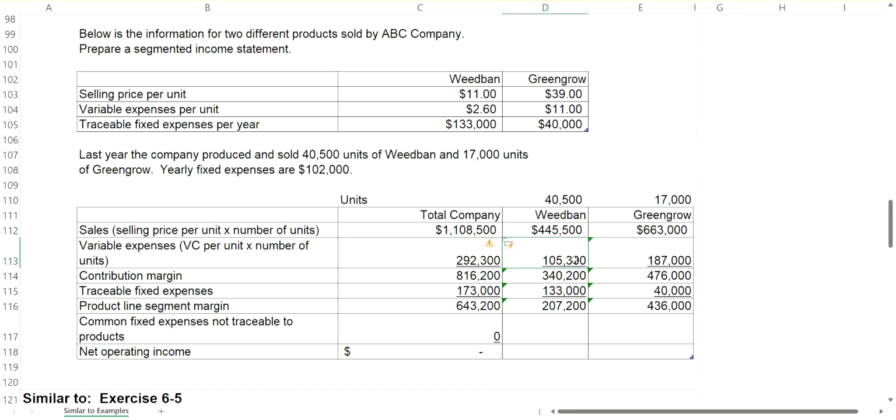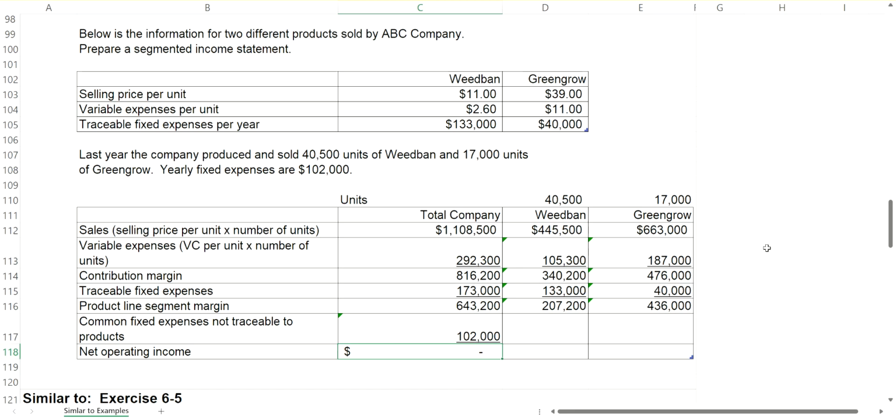So for example, variable cost 105,300 plus 187 gives me 292,300. Now remember here, there's additional common fixed expenses of 102,000. So in the total column only, I do need to put that common fixed cost of 102.